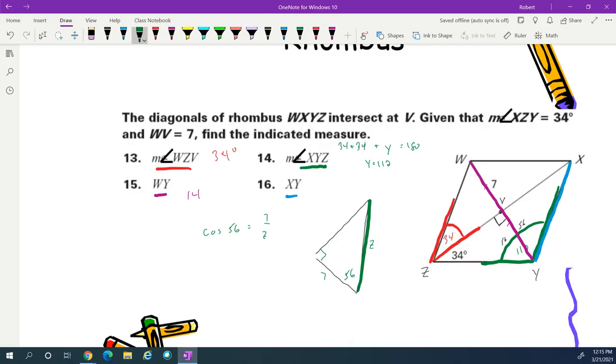And now we can do some trigonometry and find out that our hypotenuse there measures, well, I need my calculator to wake up here. 12.5.